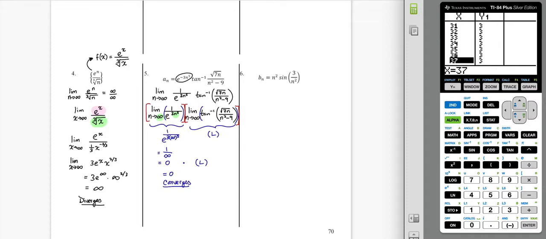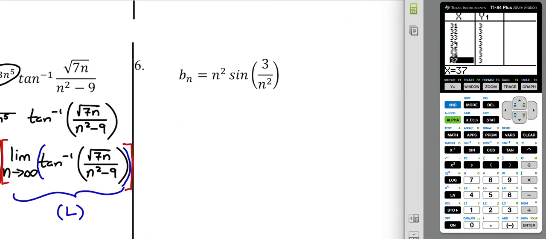So for number 6, we're looking at something that's very similar to number 3. So I'm going to treat it essentially the same way and look at this as a function of x. So x squared sine of 3 over x squared, knowing that where the curve goes, the points will follow. All right.